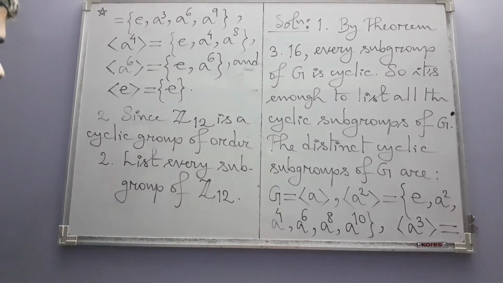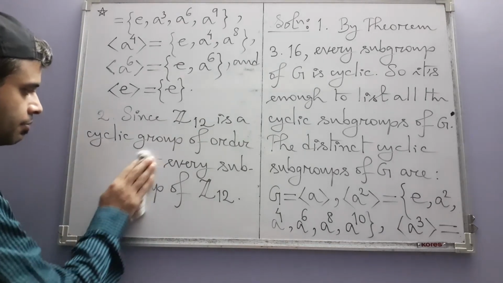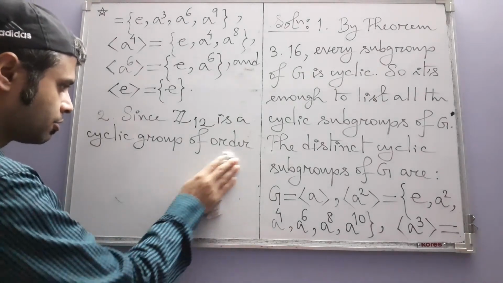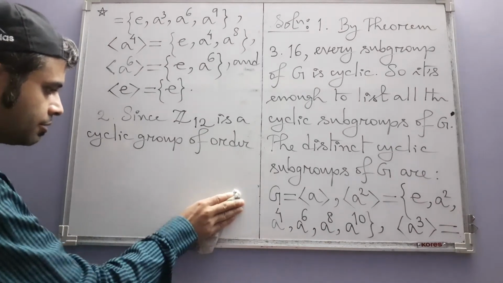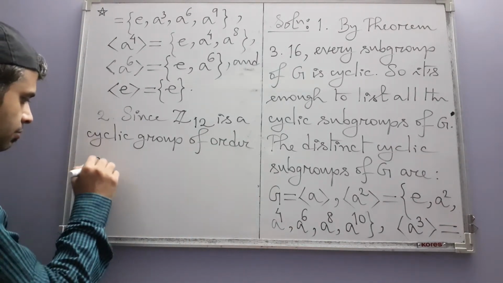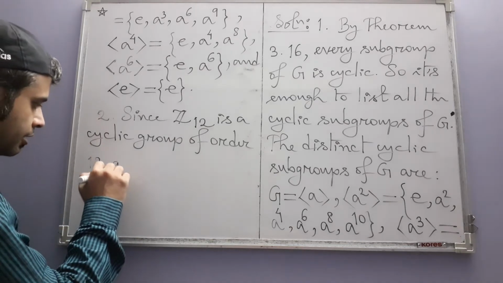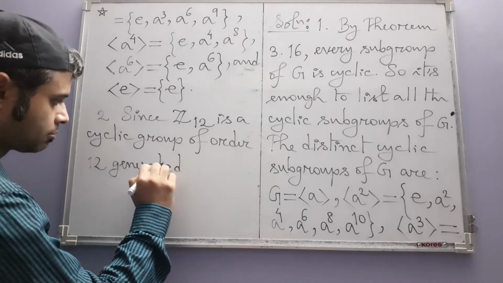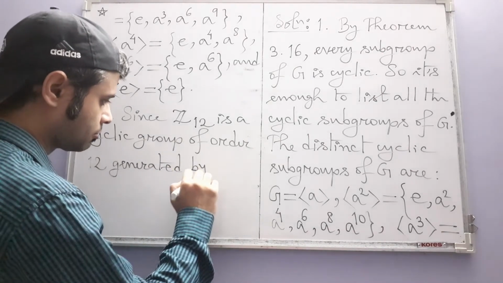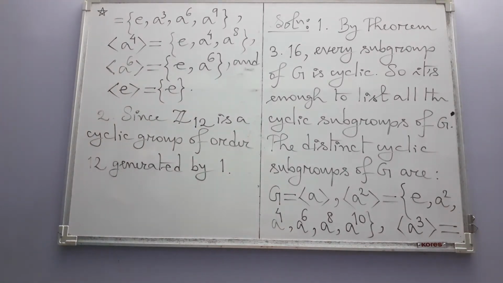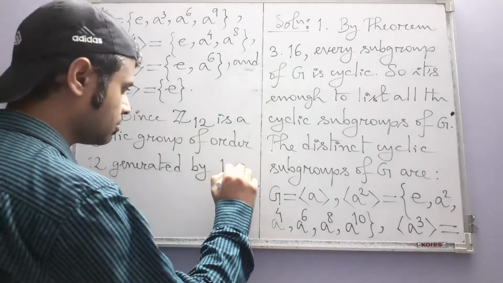Here we have a specific one under addition modulo 12, that is the binary operation, order 12, generated by one.